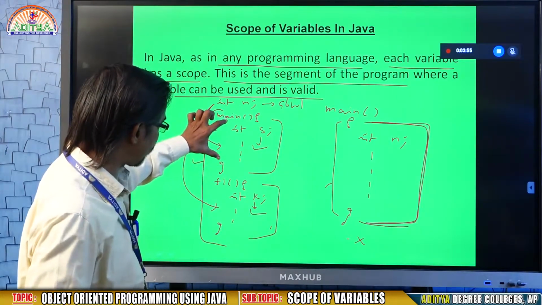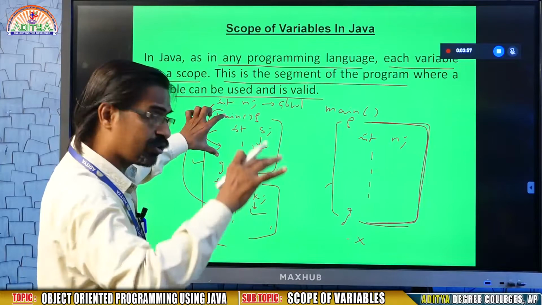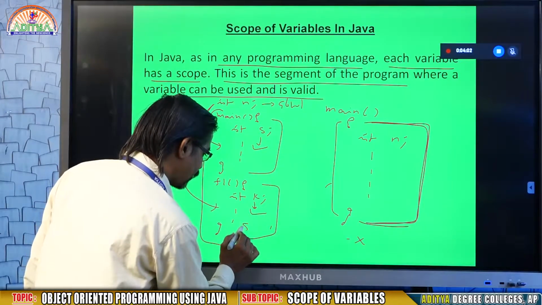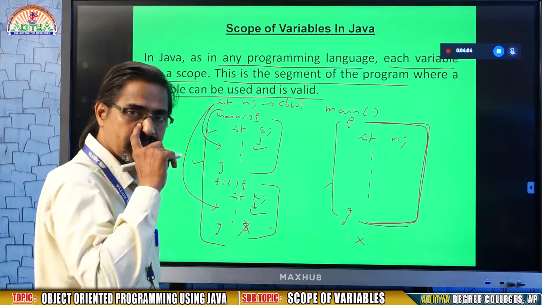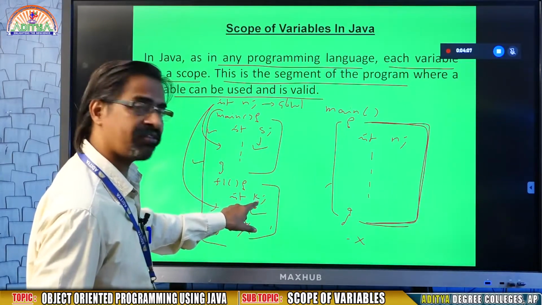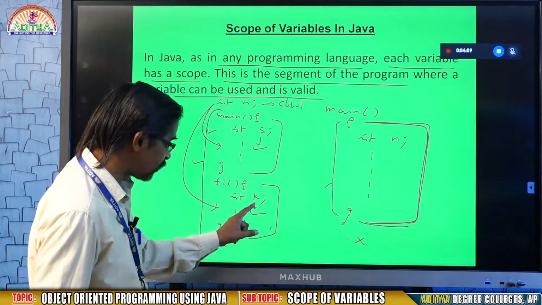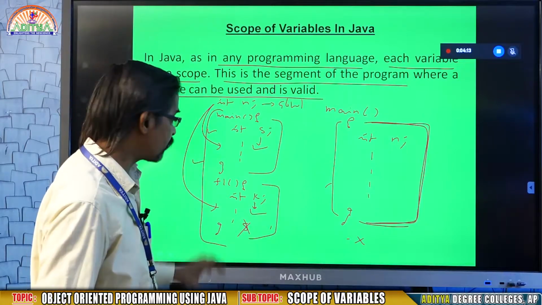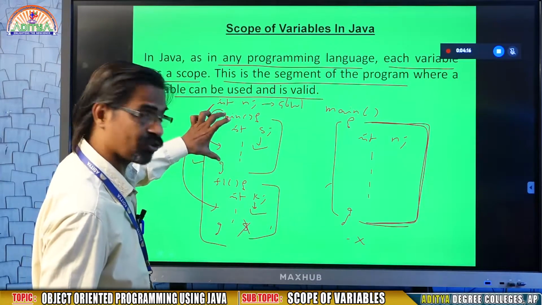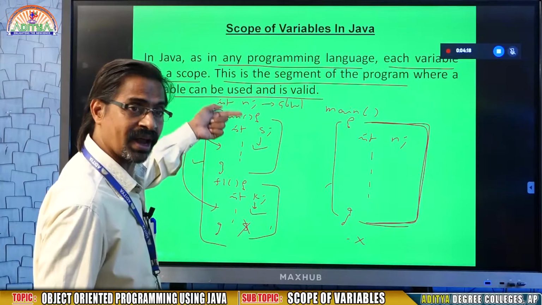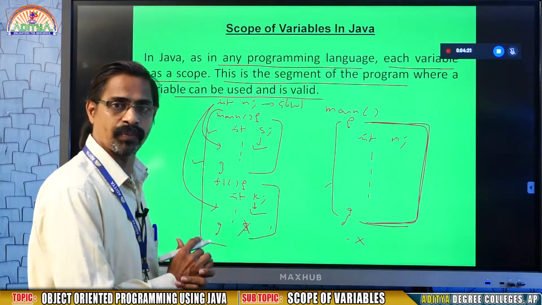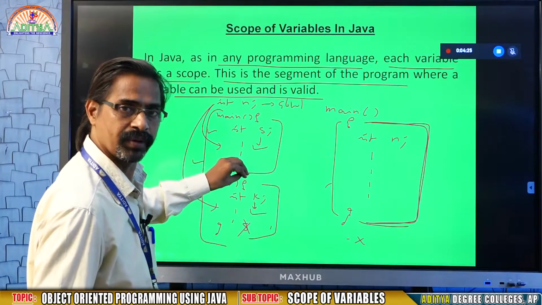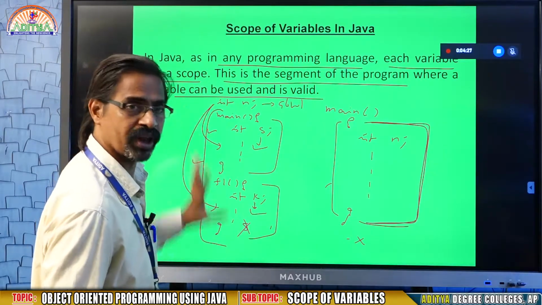For example, I define s here in main, so its boundary is within the main. If I write s in f1, it gives error. Whereas in f1, I define a variable k. If I use this k in main, it gives error, because that is its scope. Whereas n is accessible in main and f1 also. The area where you are using that variable is called scope of variable.